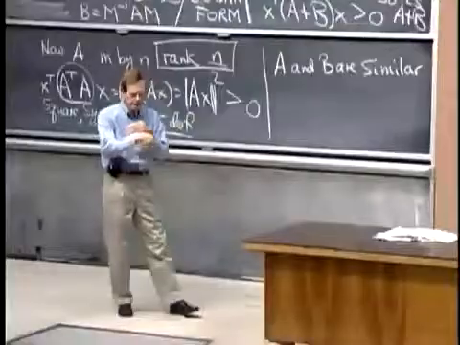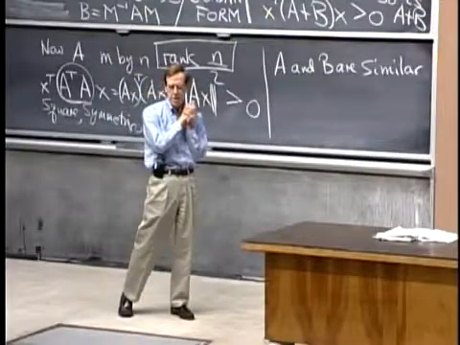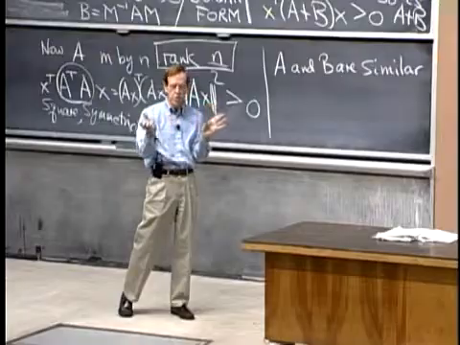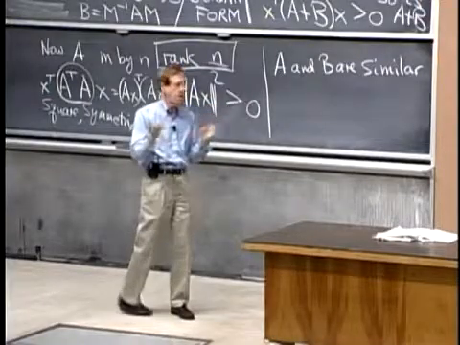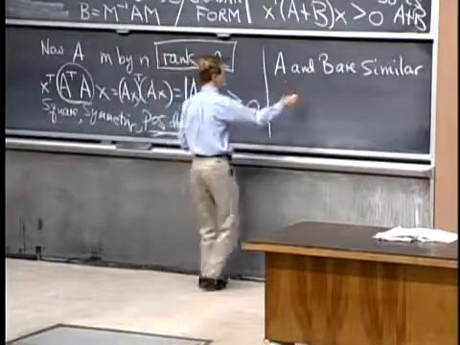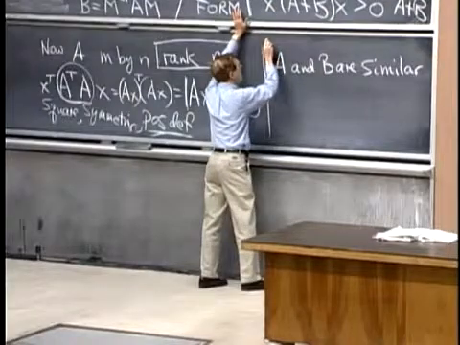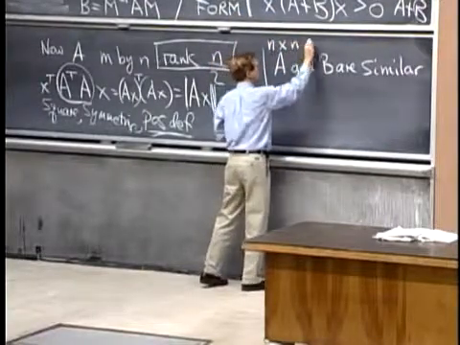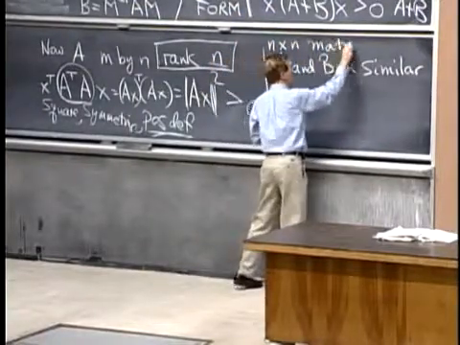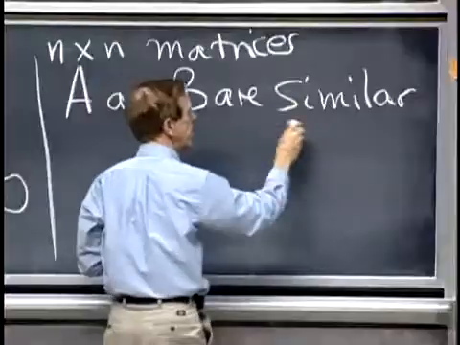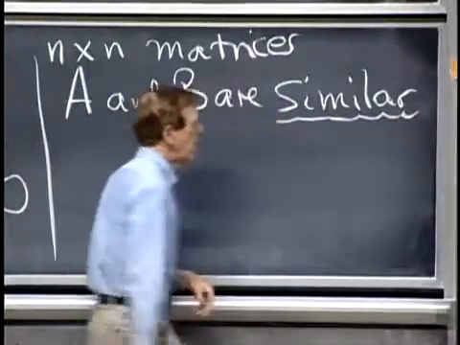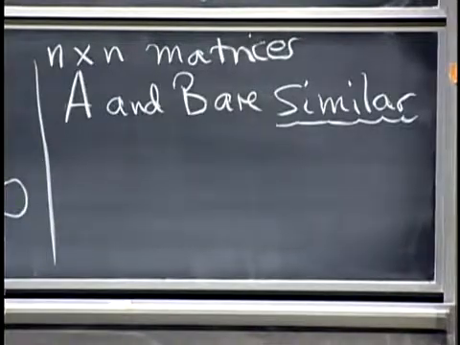At least no longer expecting symmetric matrices. I'm talking about two square matrices, n by n. A and B, they're n by n matrices. And I'm introducing this word similar. So I'm going to say, what does it mean?